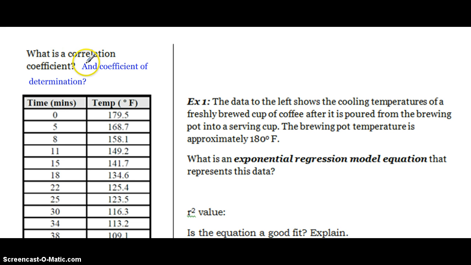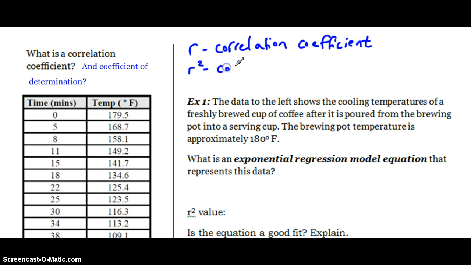The only one that's on there is the correlation coefficient. And the differences are, correlation coefficient is the R, and the R squared is our coefficient of determination.